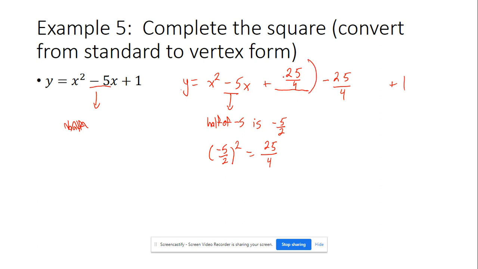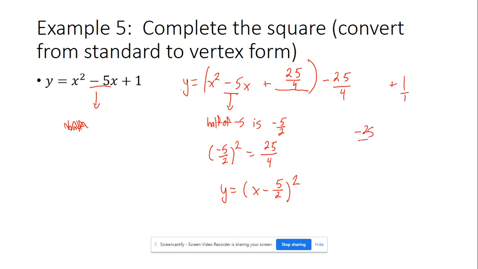Now this is what we factor together, and it's always going to be half of negative 5, which is negative 5 over 2. It's going to be y equals x minus 5 over 2 squared. This is this part factored. Now it's negative 25 over 4 plus 1.